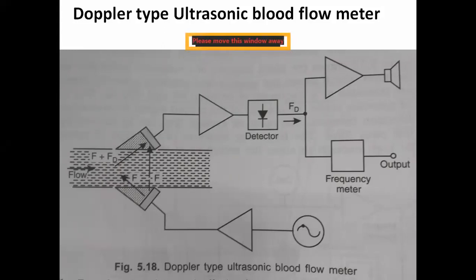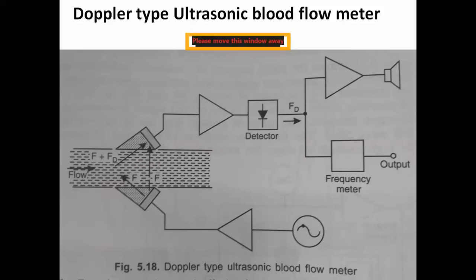Similarly, if the blood flow is opposite to the transmitted signal, then it is the downstream time. Both the upstream time and downstream time will be calculated, and from that difference we will calculate the velocity of the blood flow. That is based upon the transit time principle.